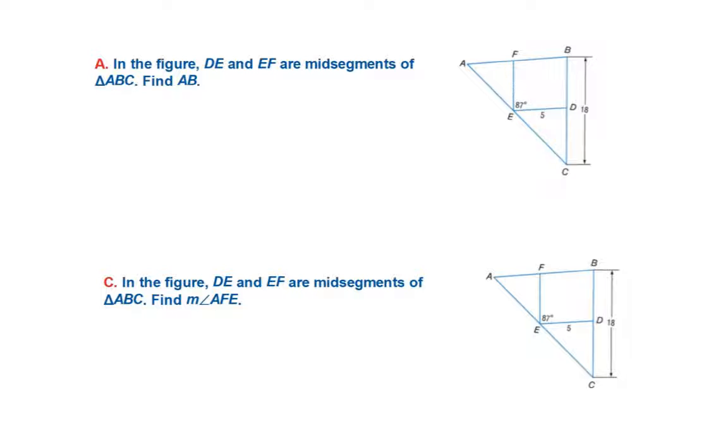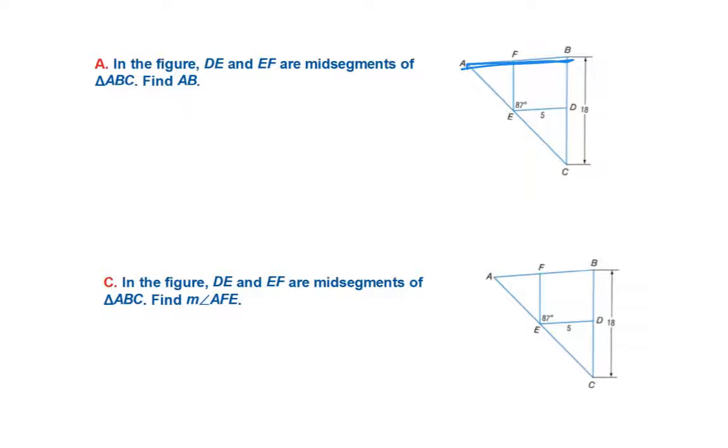DE and EF are mid-segments of triangle ABC. We want to find AB. Here's AB. How long is AB? Which one would be the mid-segment that is parallel to AB?